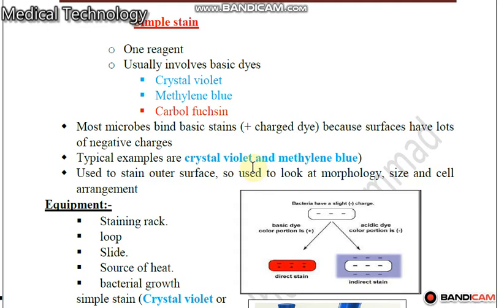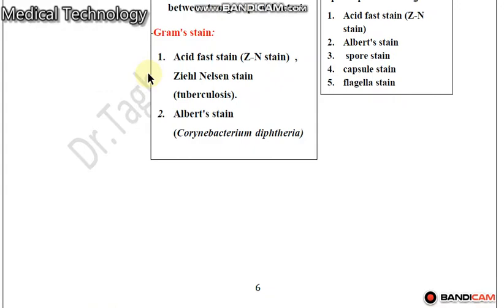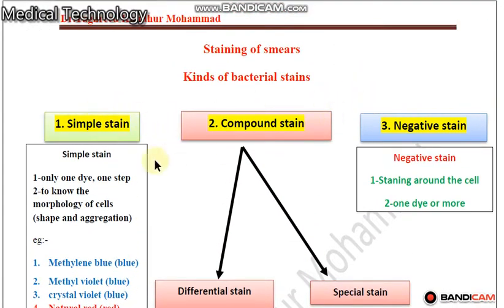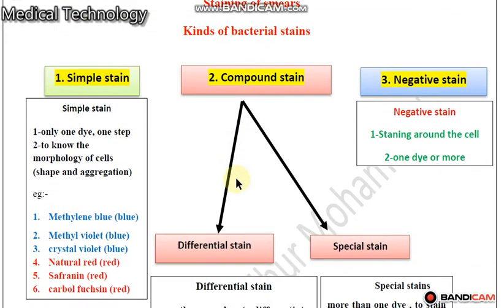Hello everybody, this is lecture number 10 part 2 about the simple stain. In part 1 we explained the types or kinds of bacterial stain: simple, compound, negative.